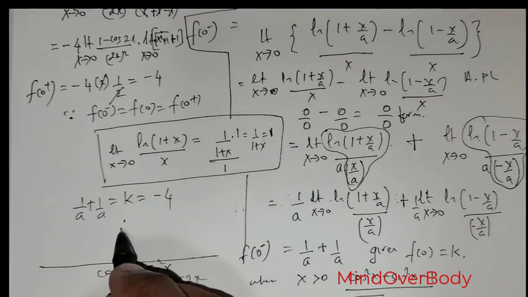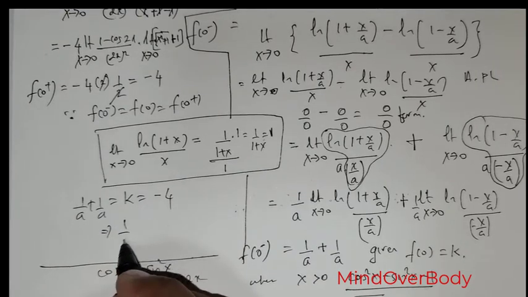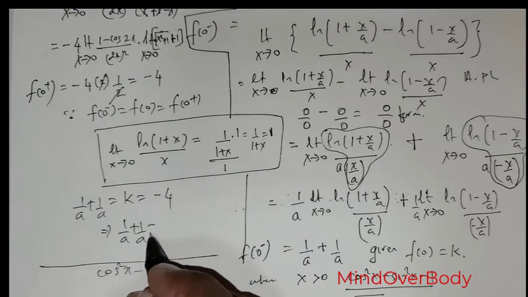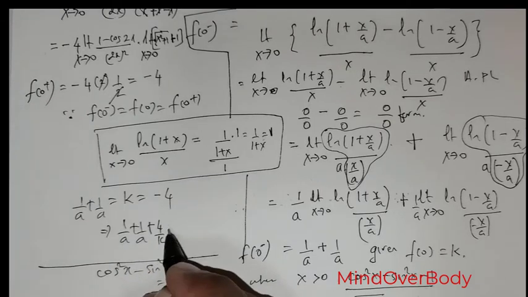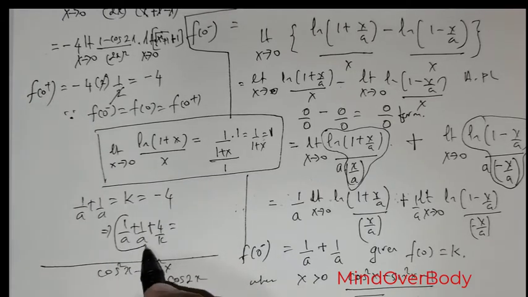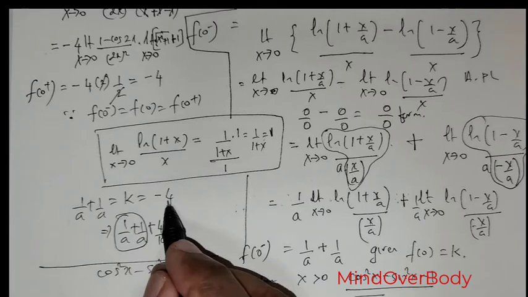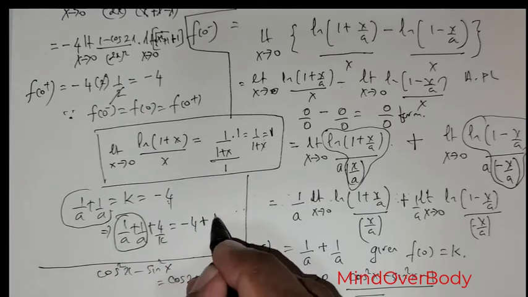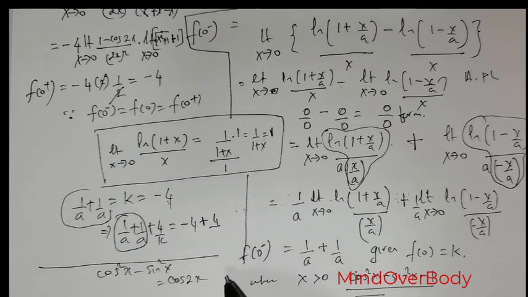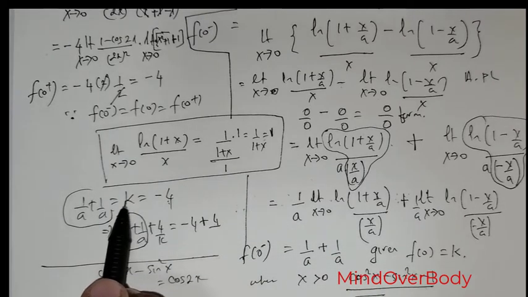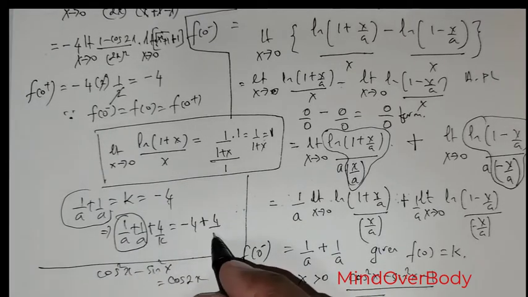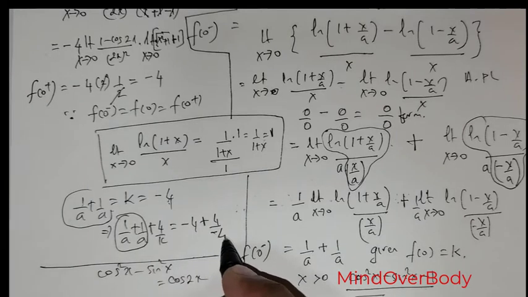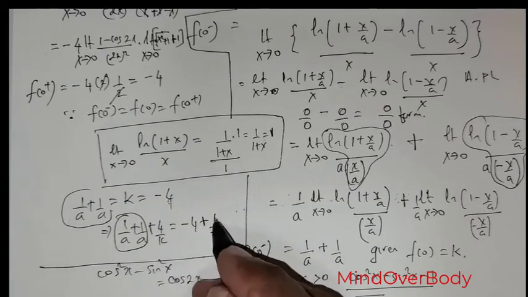Now the question wants us to find what is 1 over a plus 1 over a plus 4 over k. So 1 over a plus 1 over a is negative 4. You see that? It's negative 4 plus 4 over k. My k is negative 4. Right? So substitute k. So what happens here? 4 and 4 get cancelled.